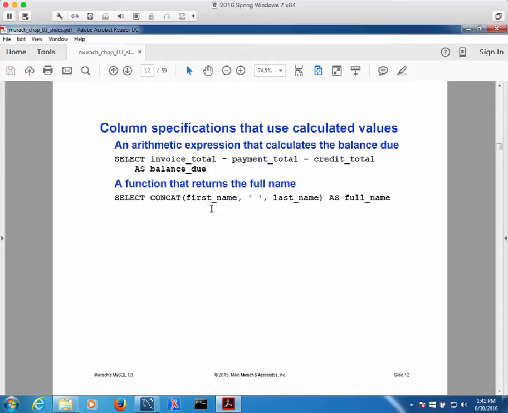The second example on the slide is a function. Now, if you've got programming experience, you'll recognize the syntax that we use here as a function. So we say that we want to concatenate. This function concatenates character strings. So the column first name contains a character string. The column last name contains a character string.